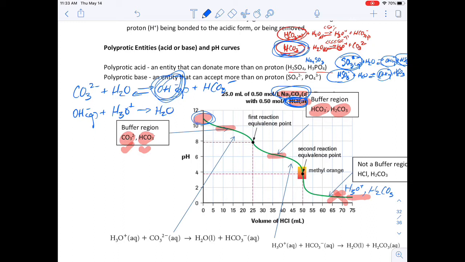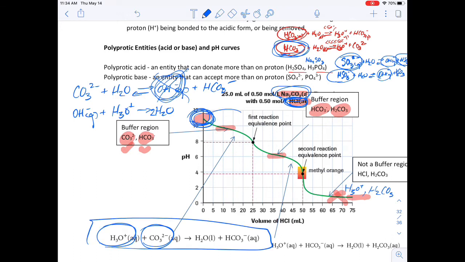And so we get this, or two waters. And so we get that happening here, but once these are used up, then we start getting this reaction where we get the carbonates and the acid particles doing this. That's what's occurring in this section over here. I guess probably more accurate in this section here.